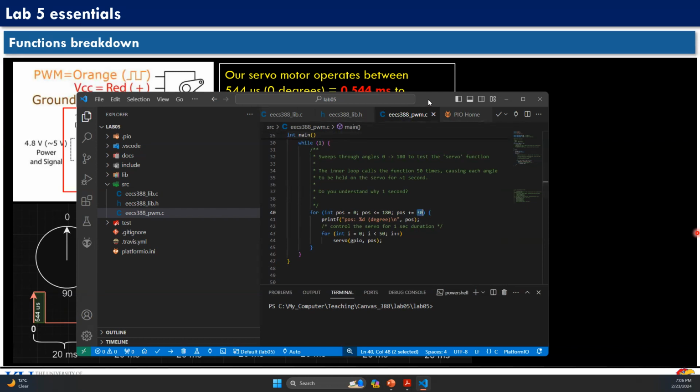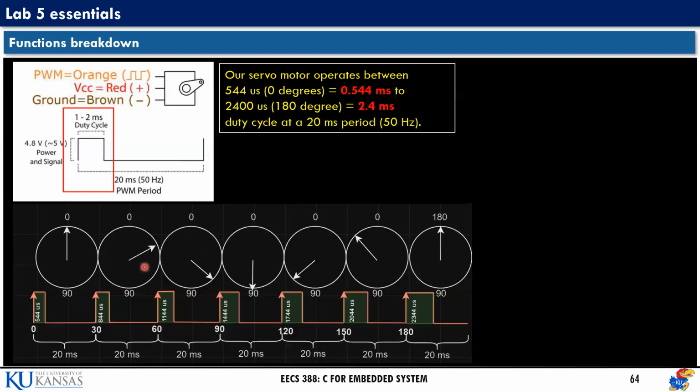Now, to rotate it in 30-degree intervals, we know that at 0 degrees we have to set our pulse width to 544 microseconds, and the highest, 180 degrees, is 2400 microseconds.